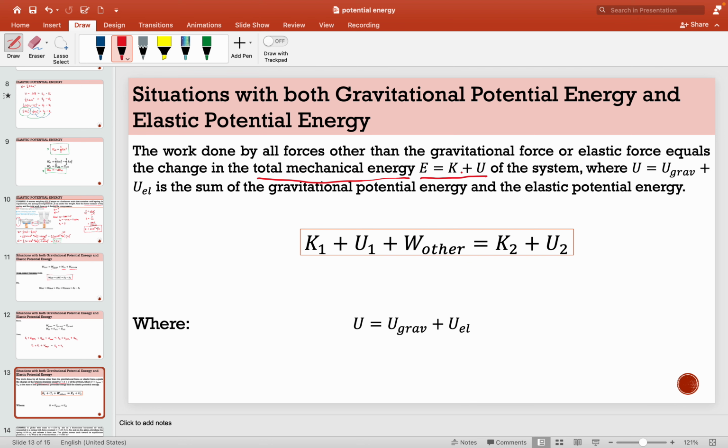So if we have situations that deal with both gravitational potential energy and elastic potential energy, we can use this equation. That involves the initial and final kinetic energy, K sub 1 and K sub 2.